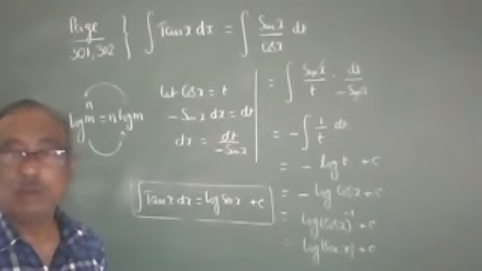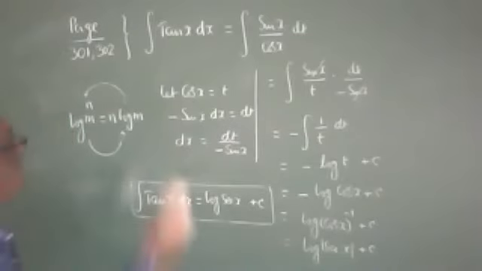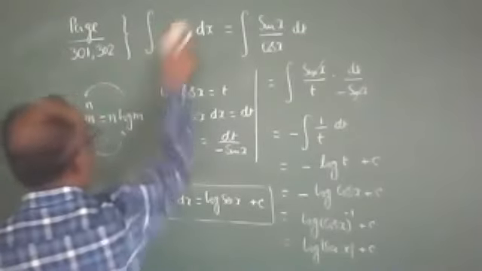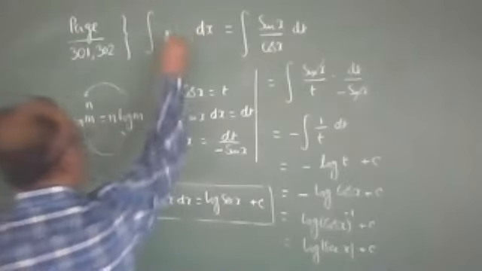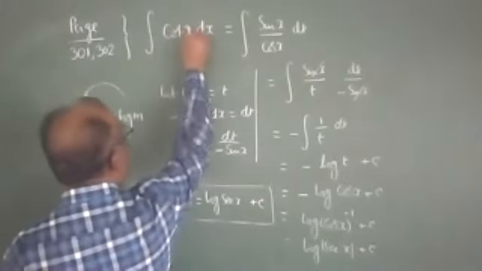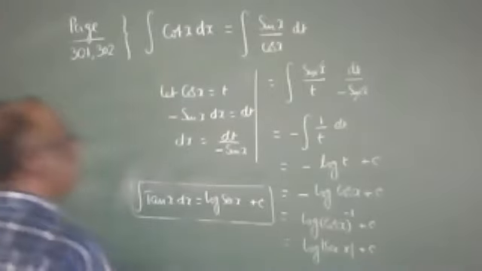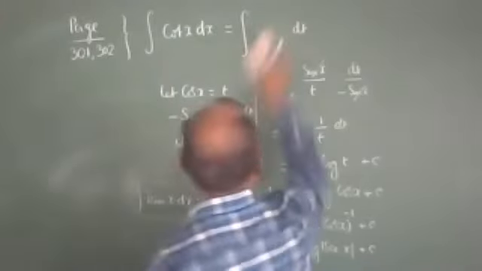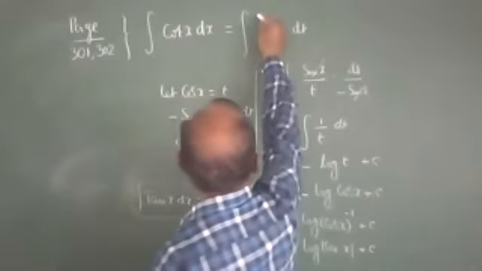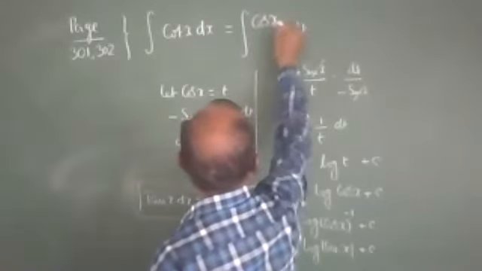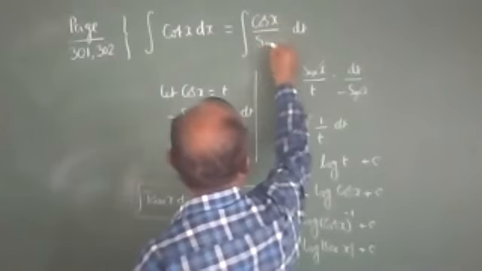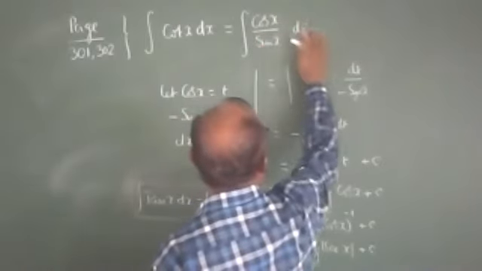We get the answer. Integral of cot x into dx, cot x means cos x by sin x into dx.